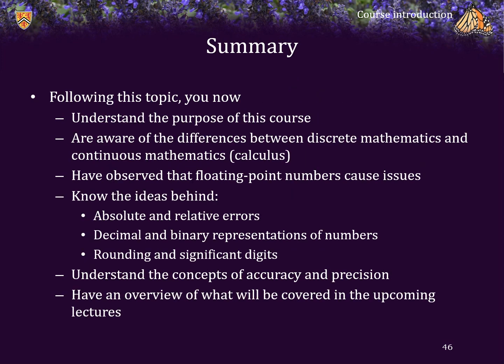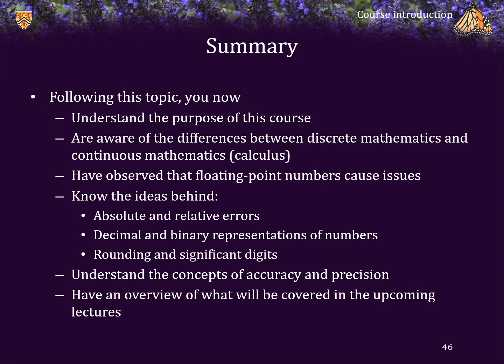Following this topic, you now understand, at least at a high level, the purpose of this course. You are aware of the differences between discrete mathematics and continuous mathematics or calculus, and you've observed that floating point numbers do cause issues when trying to approximate solutions in continuous mathematics or calculus.